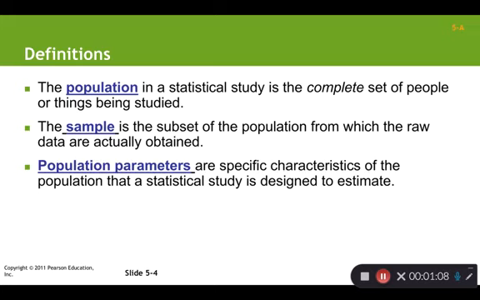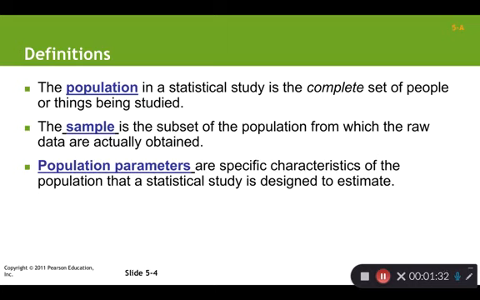Population parameters, this is what we actually want to figure out about our population. So there are specific characteristics of the population that a statistical study is designed to estimate. So for example, on the UCA campus, I maybe want to know how many cups of coffee the average student consumes in a week.